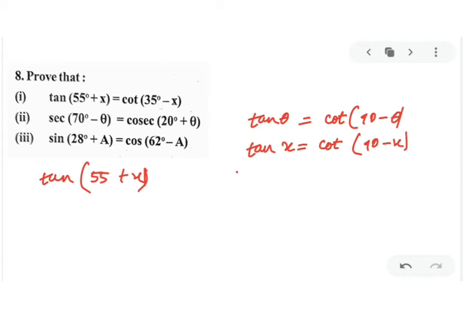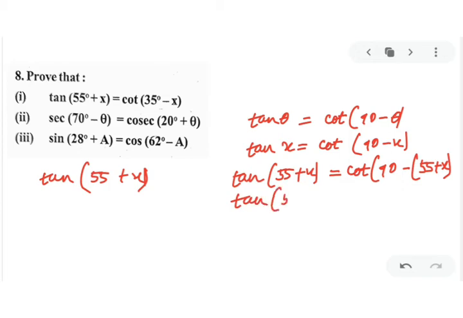Similarly, if it is tan(55 + x), then I will write cot(90 - (55 + x)). Are you getting my point clear? Now tan(55 + x) is equal to cot, open the bracket inside, 90 - 55 - x.